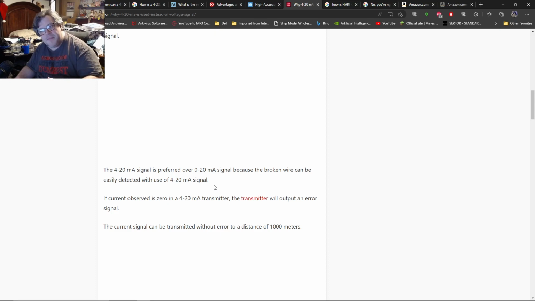Probably because the latter is probably more sensitive. If zero current is observed in a 4 to 20 milliamp transmitter, the transmitter will output an error signal. The current signal can be transmitted without error to a distance of 1,000 meters. Wow! That's a long way, guys.